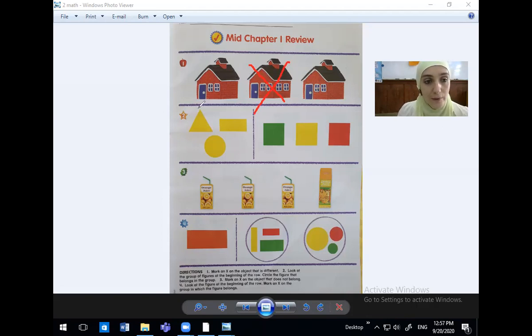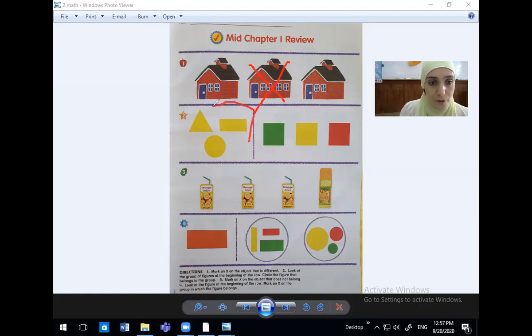Okay, so exercise 2. Look at the group of figures at the beginning of the row and circle the figure that belongs in the group. So look at the group of figures at the beginning of the row. It means this one.